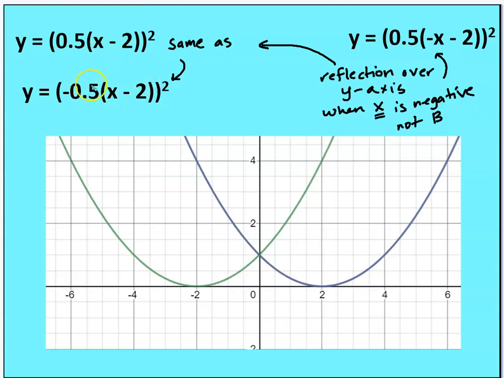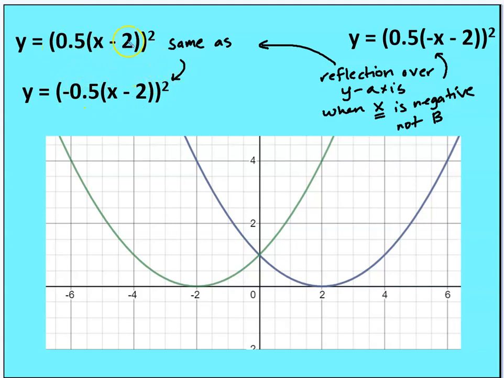So I said here this b value as part of the stretch and shrink evaluation needed to be outside of these parentheses. However, when we talk about reflections, so we're not talking about stretches and shrinks, we're talking about reflections. When we talk about reflections over the y-axis, that negative value needs to be assigned to the x and not to the b value. If you assign it to the b value, then it doesn't do anything.